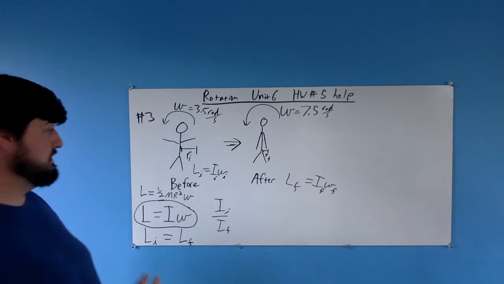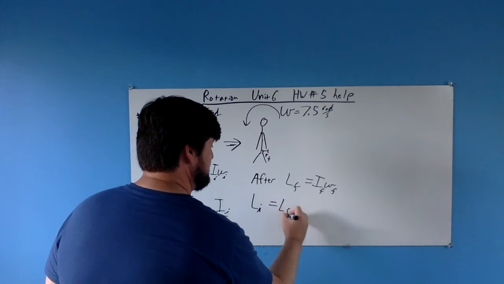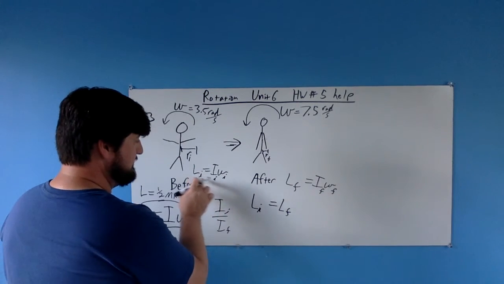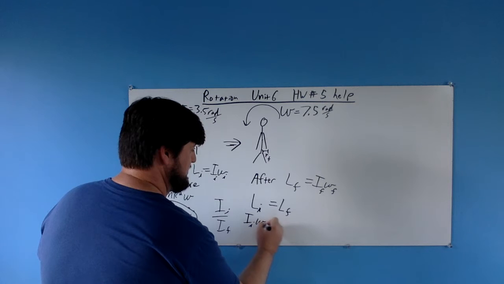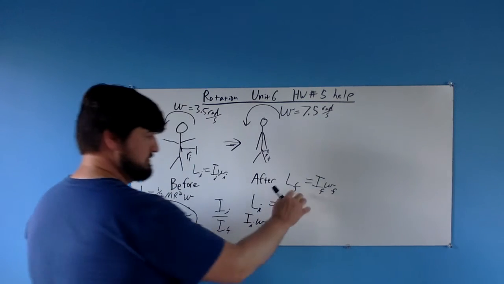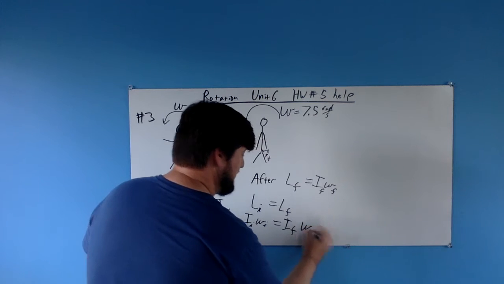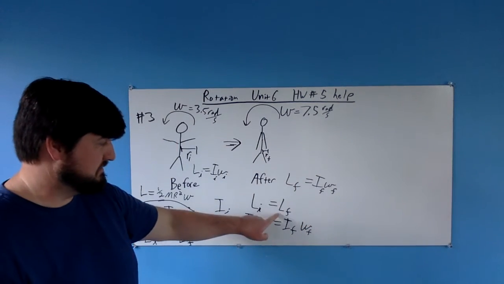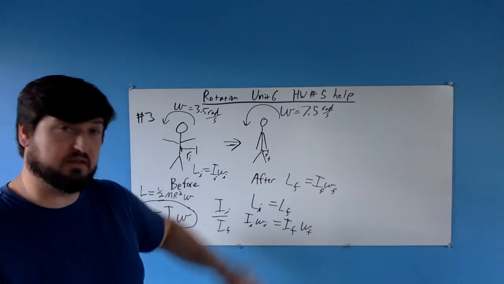L initial is equal to L final, but L initial is I initial times omega initial, equal to I final omega final. Anytime you have an equal sign, you can substitute that in for the other thing.